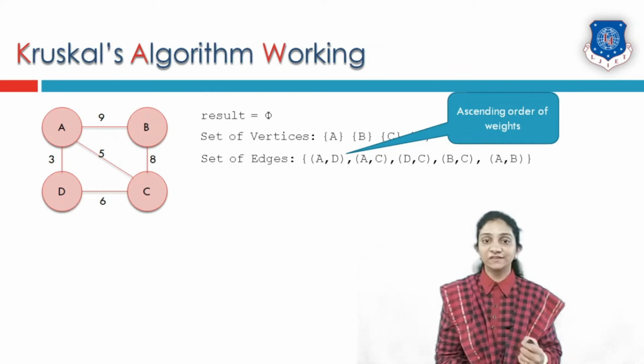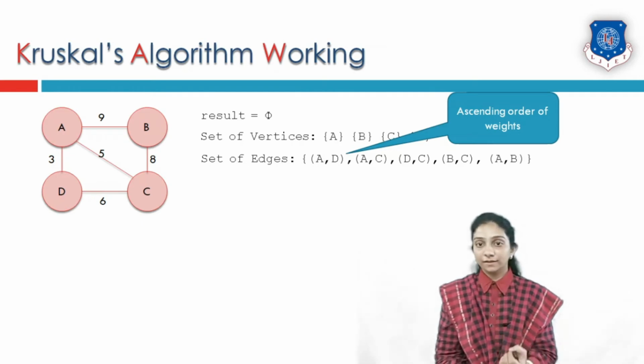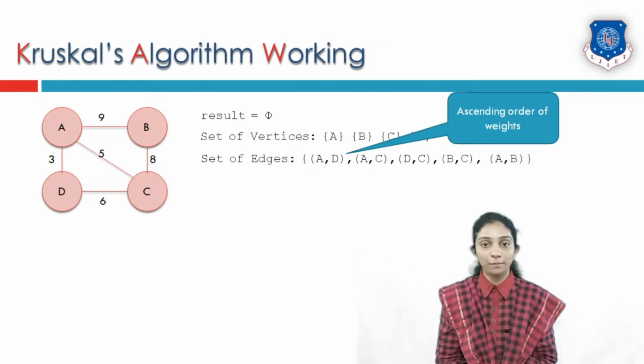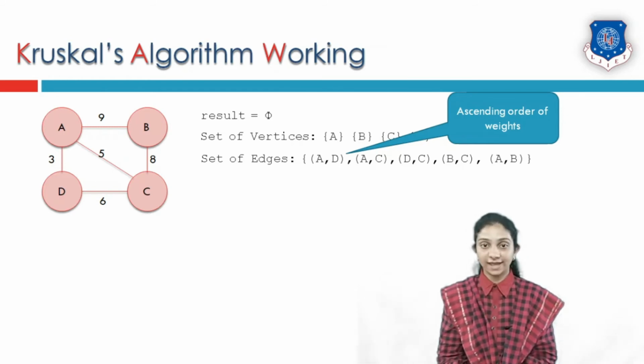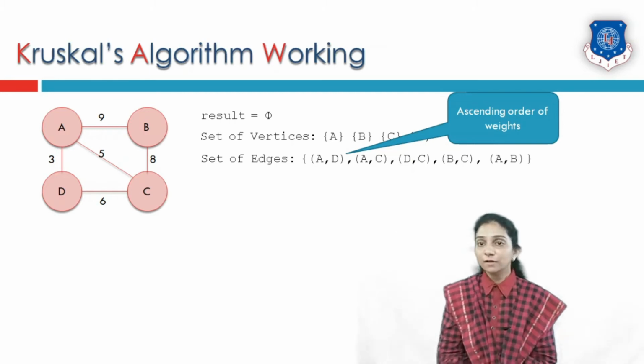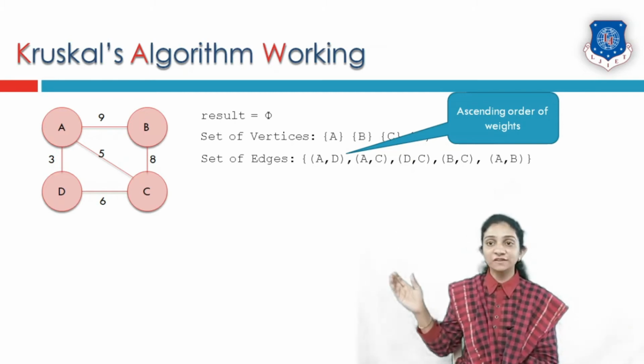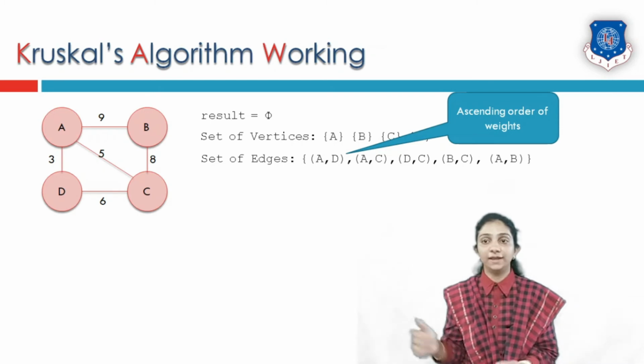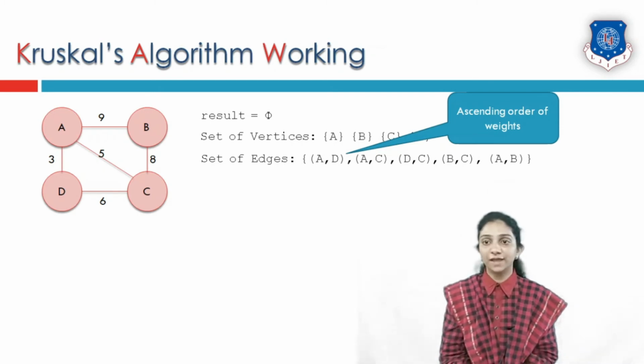Another edge is D, C with weight 6. Another edge is B, C with weight 8, and the last edge with weight 9 is A, B. So the set of edges is sorted in ascending order of their weight.